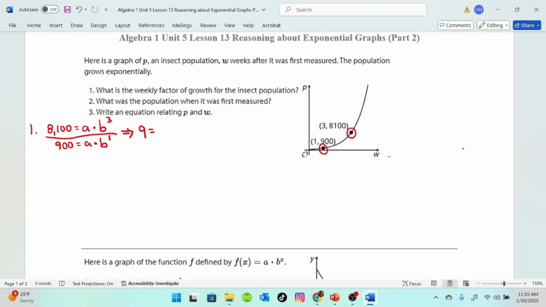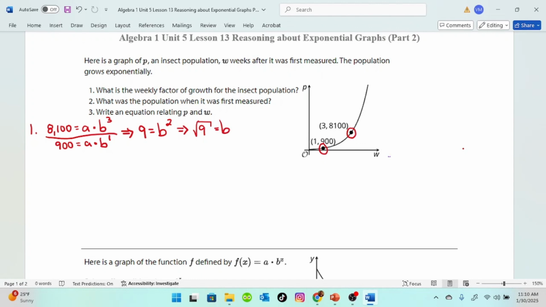And when you divide with exponents, you subtract the top exponent minus the bottom exponent. So this becomes b squared. The opposite of squaring something is taking the square root. So we have the square root of 9 equals b.